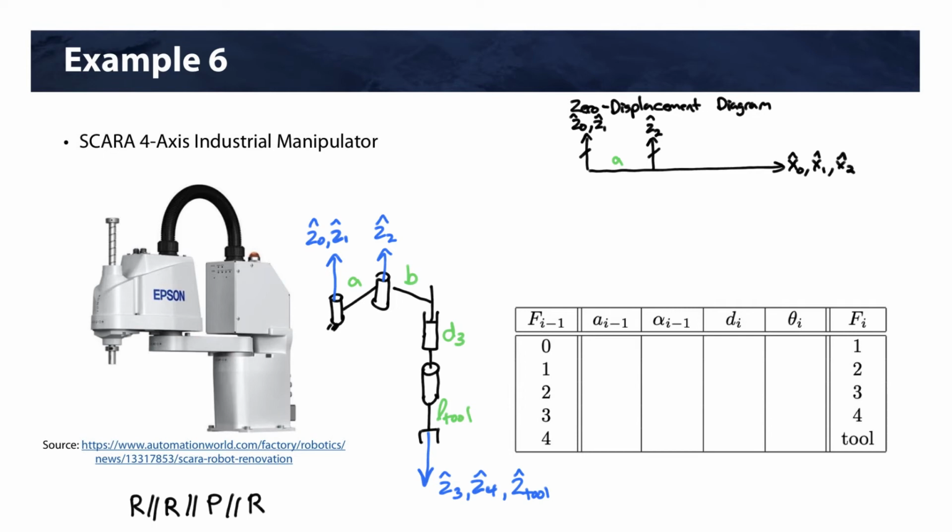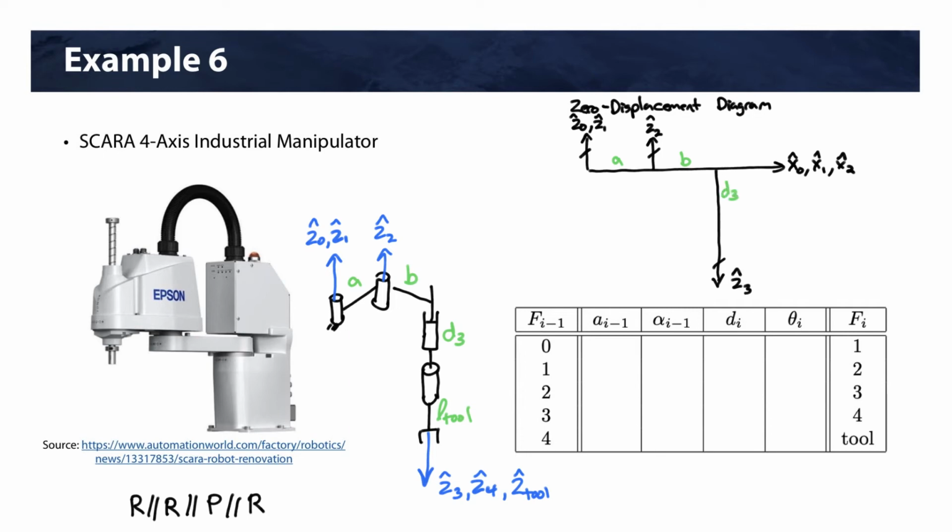X2 will be here. We then have a distance B that brings us to our prismatic joint. We're going to draw the axis for Z3 to be in the opposite direction of Z2, all right, but they're parallel. So this will be Z3.